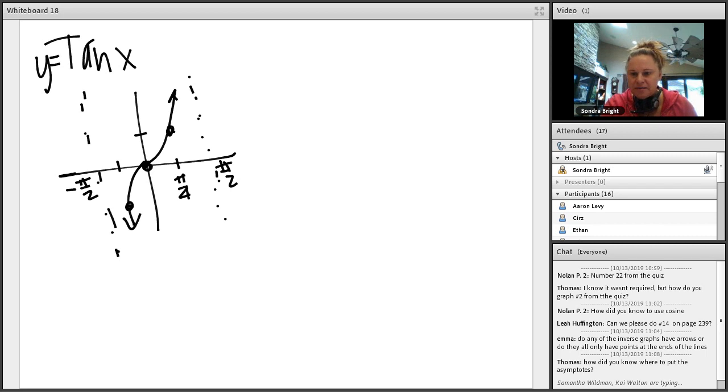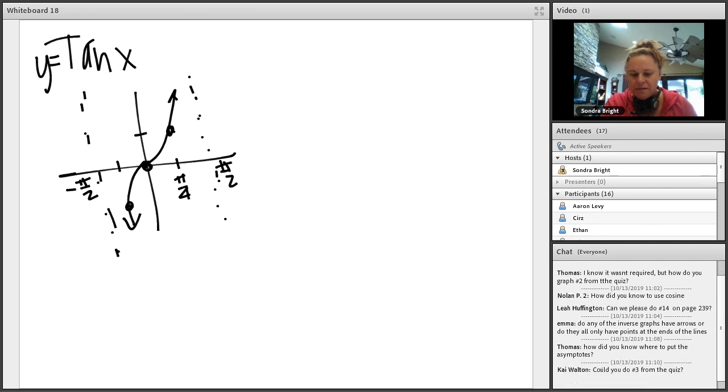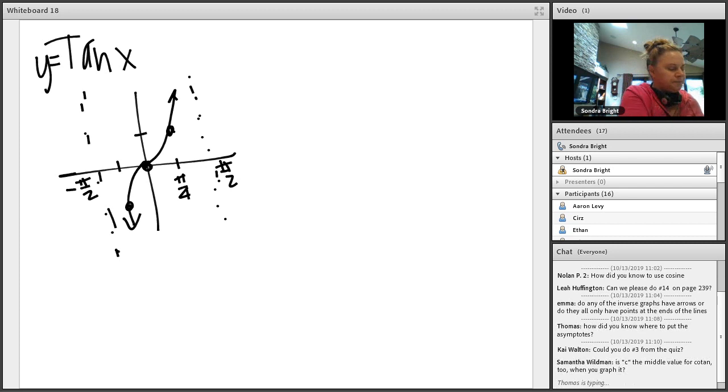All right. That was graphing that, and okay, so that's number 14 on page 239.